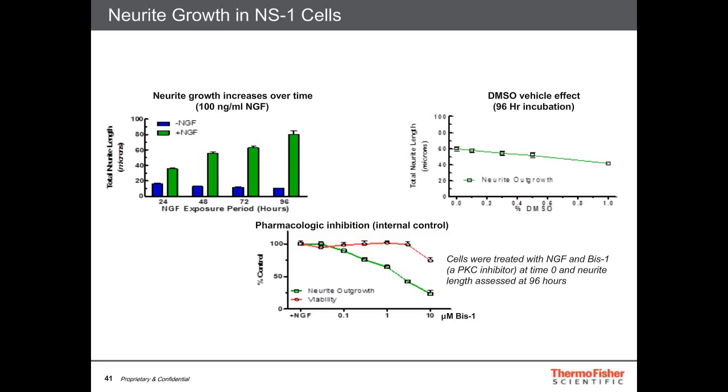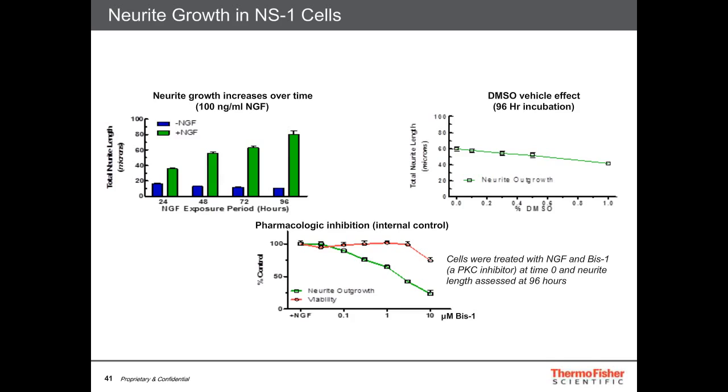So what you can see is that at a period of 96 hours, we see a significant increase in total neurite length, especially relative to the untreated control. So in normal healthy cells, we would expect to see approximately 80 microns of total neurite length in the differentiated neurons.